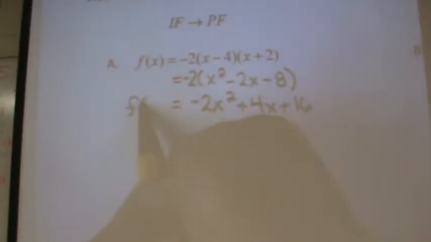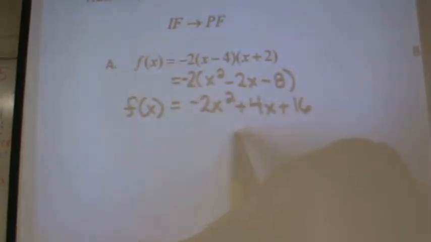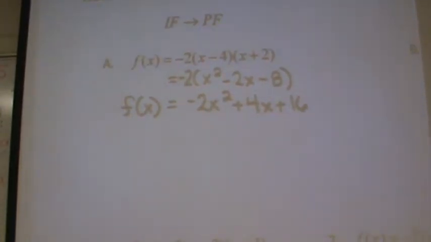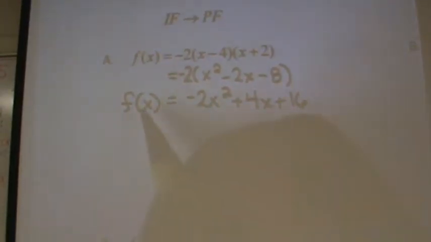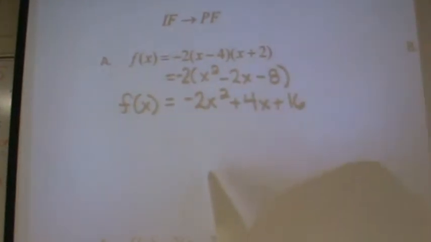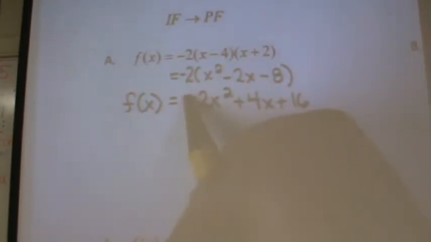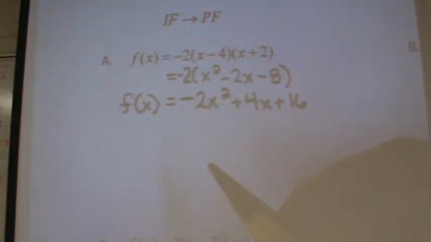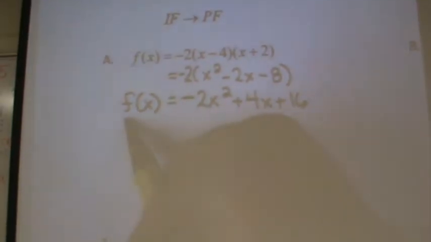So, one thing you're going to want to do is make sure you have f of x on one side of your equal sign. I don't want to see an expression. I want to see a y and an x. And x has to be squared. Don't forget that. These are common mistakes. Some people forget to put squared here.